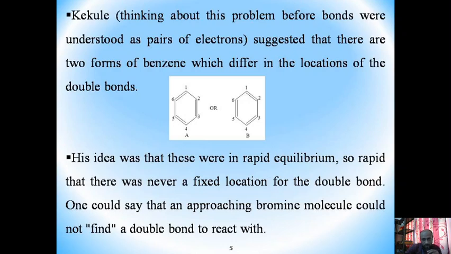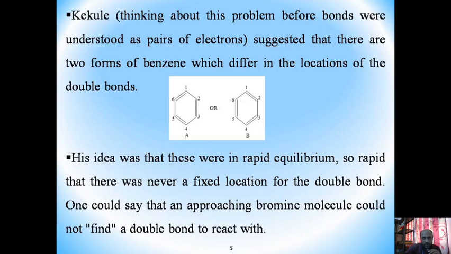If you see both structure A and structure B, there is carbon number 1, carbon number 2, carbon number 3, carbon number 4, carbon number 5 and carbon number 6. The total number of carbons is 6. In structure B, there are also a total of 6 carbons. But there are only small differences: only the double bonds and single bonds, an alternation of single bonds and double bonds.